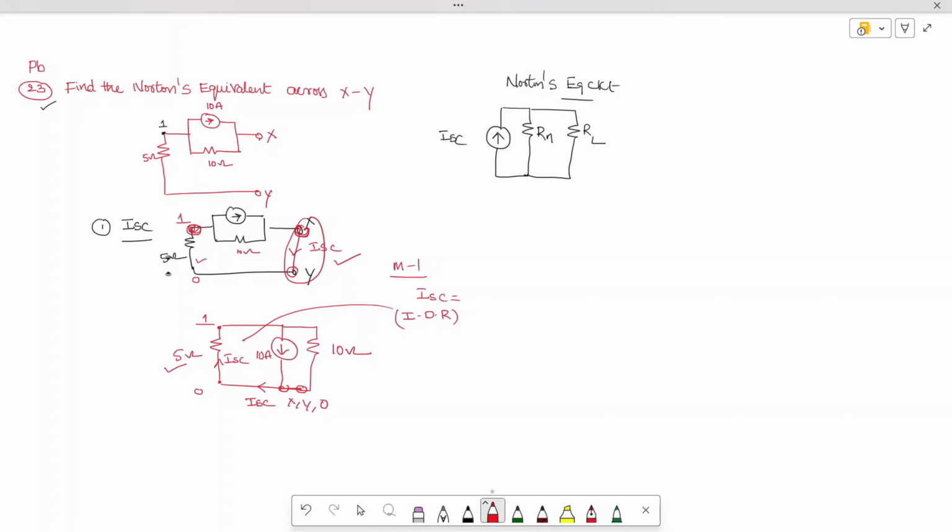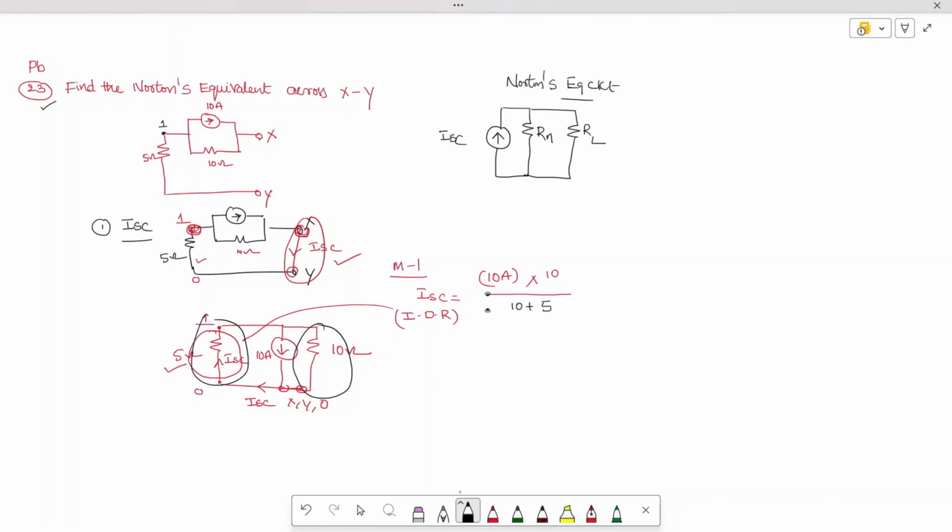I want the current in this branch. First you write down the total current. Total current is 10 ampere into, for this branch, the opposite branch resistor which is connected in parallel, which is 5, divided by the sum of the resistors which are connected in parallel, which is 10 plus 5.